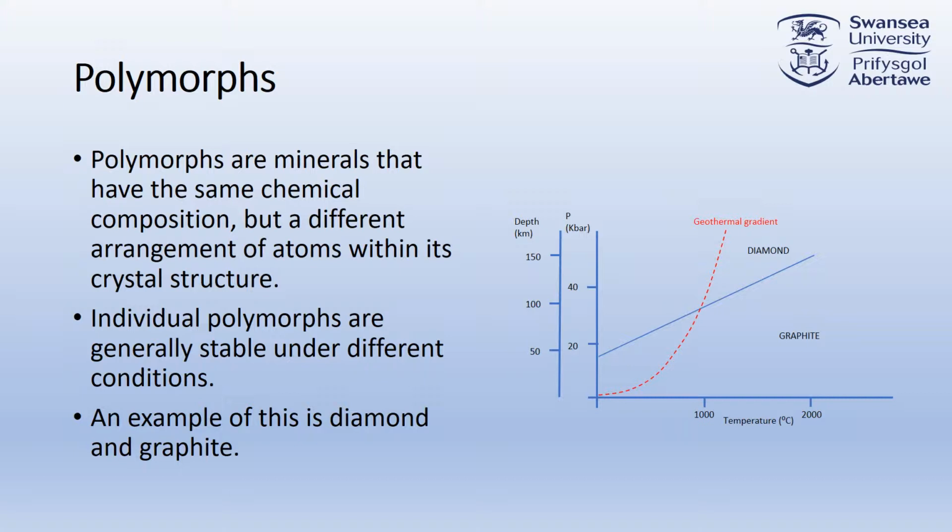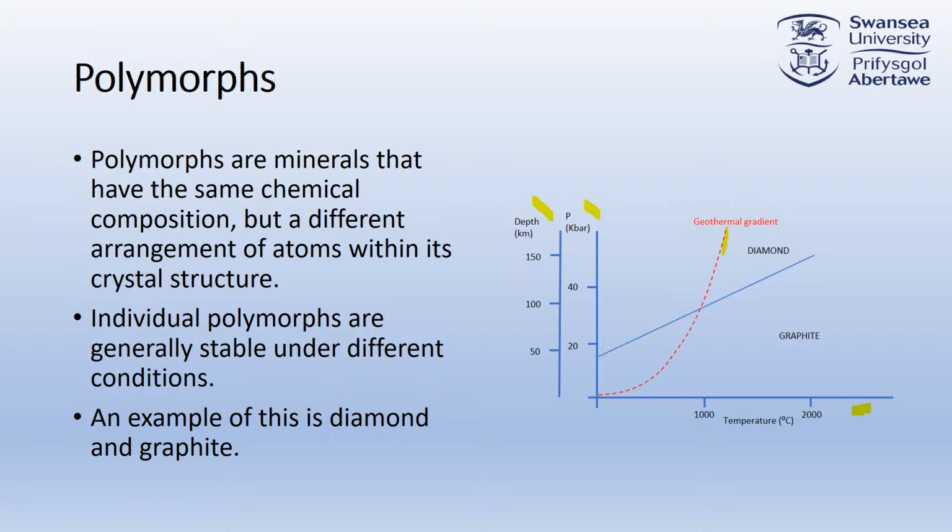So on the y-axis here we have pressure in kilobars, and we have depth here as well in kilometers, and on the x-axis here we have temperature. Okay, so this red line here is a geothermal gradient. So this is how temperature changes with pressure and depth as you go down through the crust.